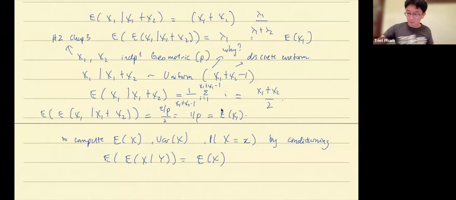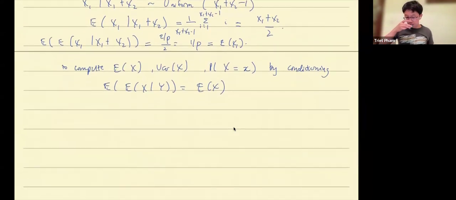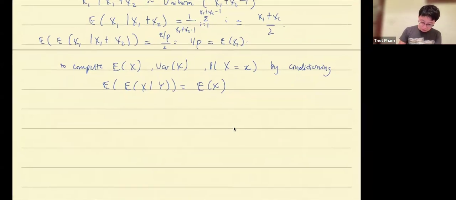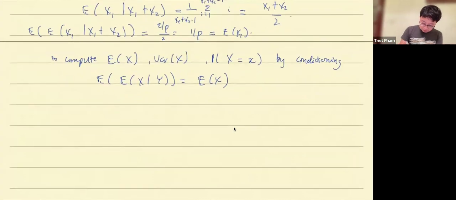Okay. So now, let's move on to 3.3. So if conditional distribution, right, so 3.2, I think, not 3.3.